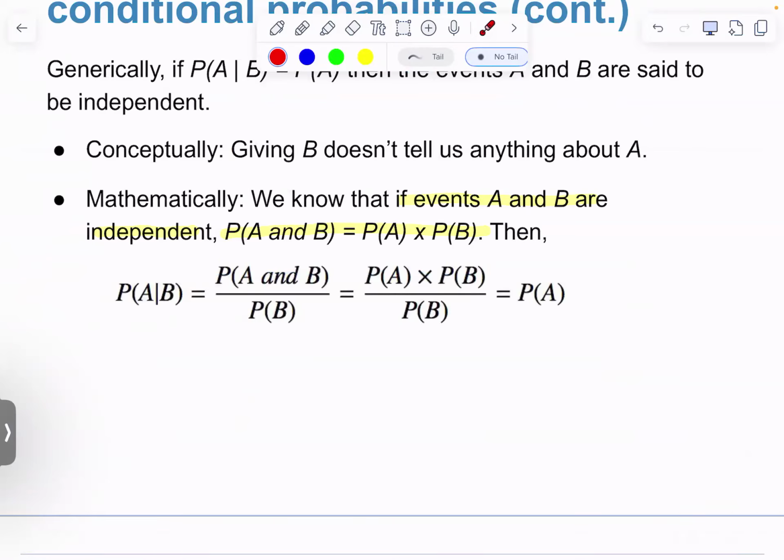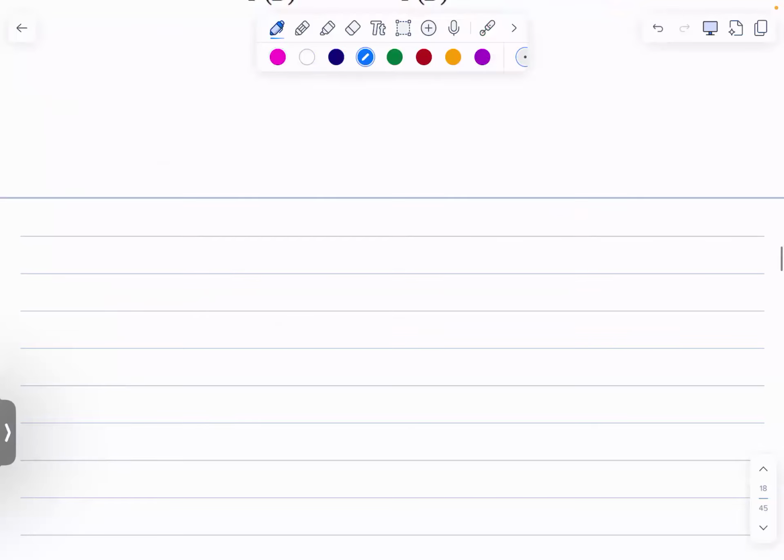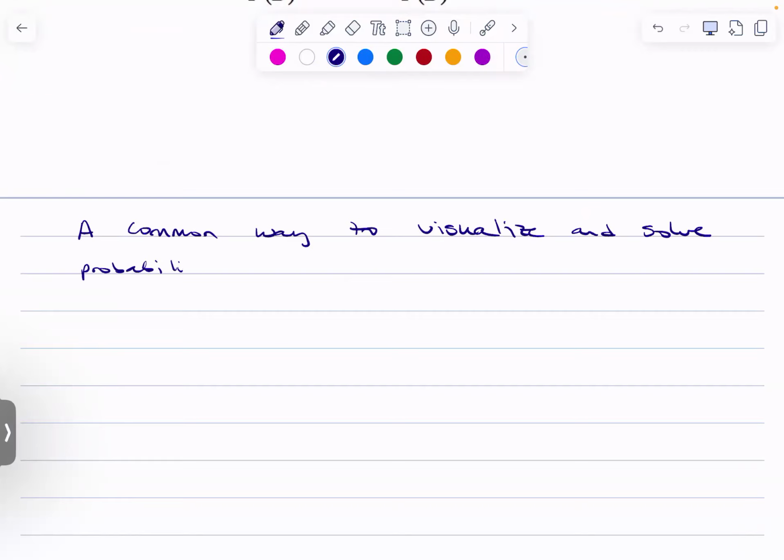A common way to visualize and solve probability problems, a lot of probability problems in fact, is using a tree diagram.